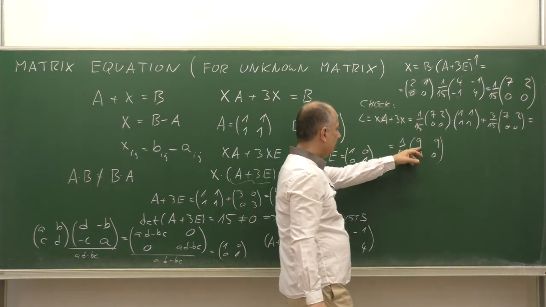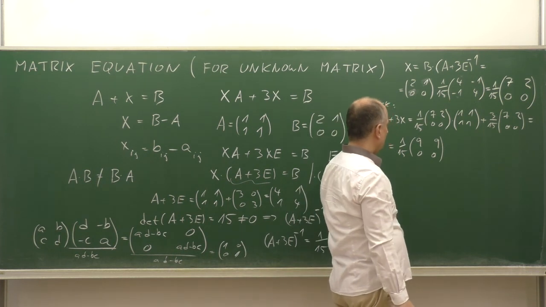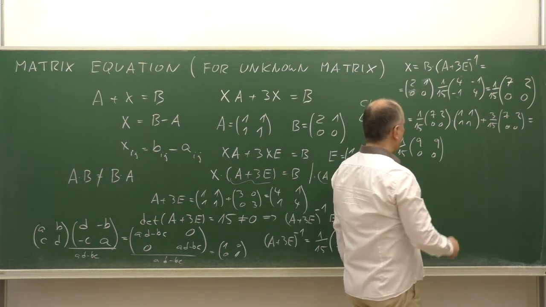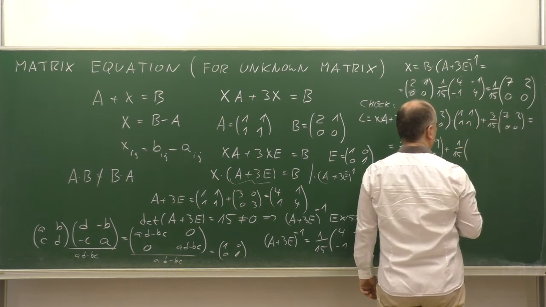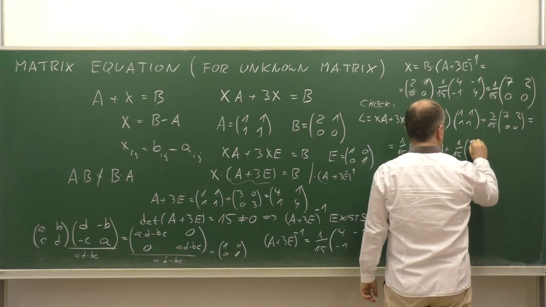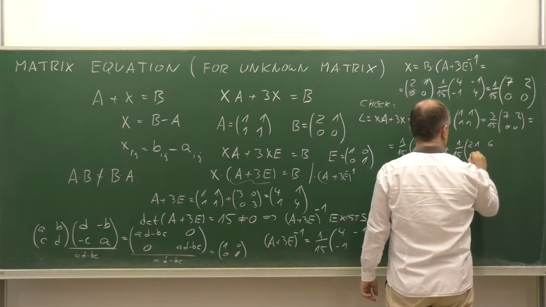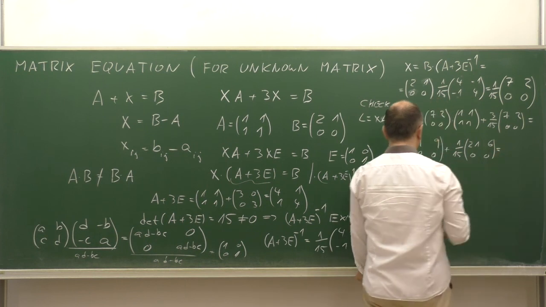We could reduce this fraction as well. Plus, and now I will write 1/15, and I multiply by 3 to get 21, 6, 0, 0.